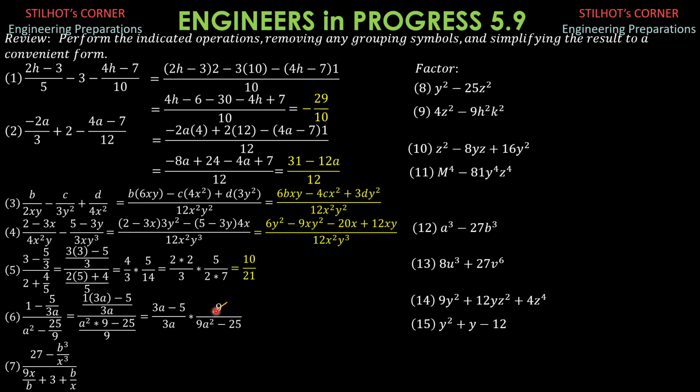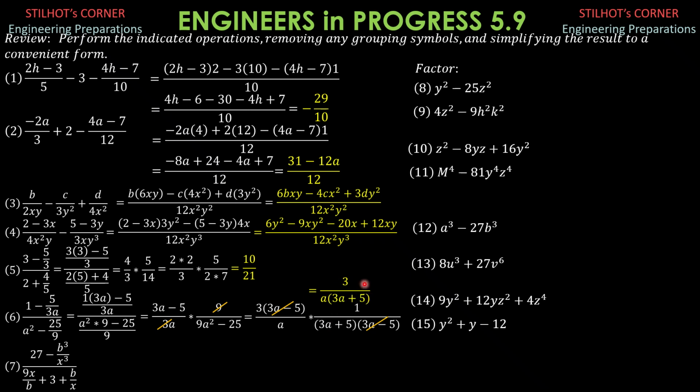So we can cancel 3. So there is still 3 here. So this is 3 times 3a minus 5 all over a, then times 1 over quantity 3a plus 5 times 3a minus 5. We can cancel further 3a minus 5. So the final answer is 3 all over a quantity 3a plus 5.